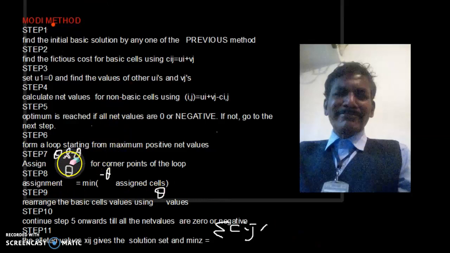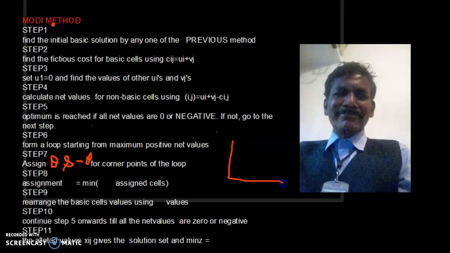Now we have to assign the values theta and minus theta. We are forming a loop, like I was just explaining to you. After that, we have to assign theta and minus theta for the corner points of the loop.